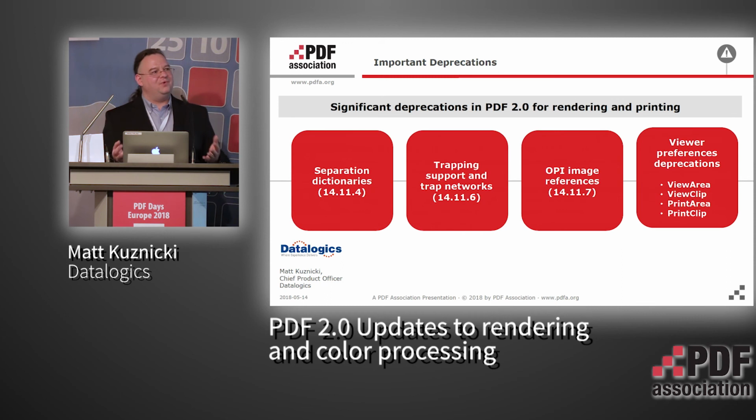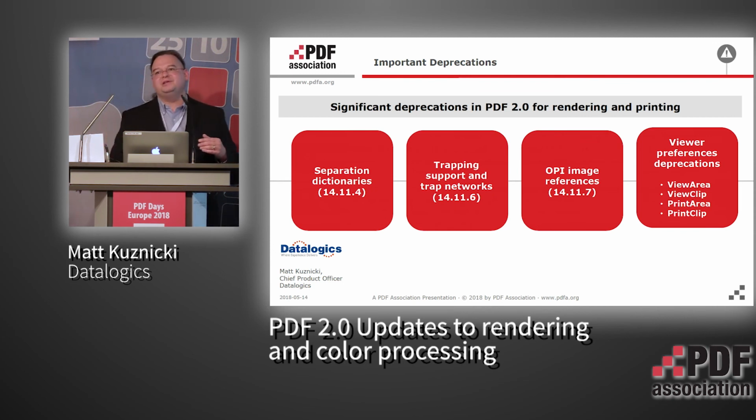Trapping and trap networks, trap annotations have been deprecated from PDF 2.0. Again, trapping should either be baked into your PDF file through normal graphic operations, or preferably performed by your PDF processor at rendering time in the manner that makes the most sense for your PDF processor.